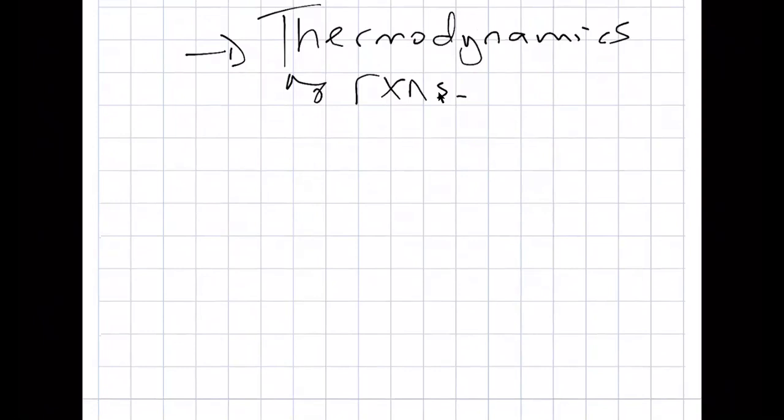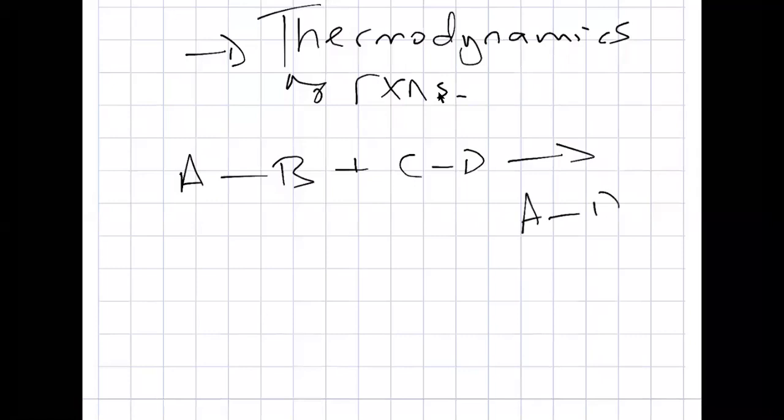So if you have a reaction that's going from, let me just write it this way. Let's say you have AB plus CD, right? This is a type of substitution reaction where you end up with AD plus CB, all right, on the other side of the arrow.